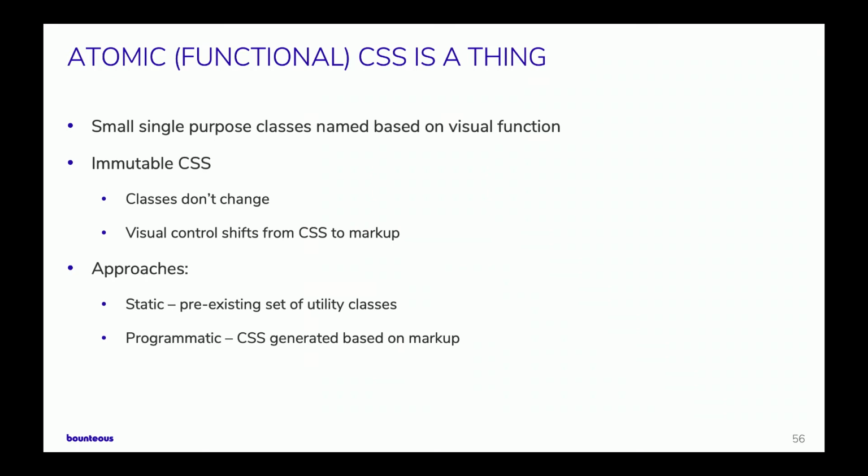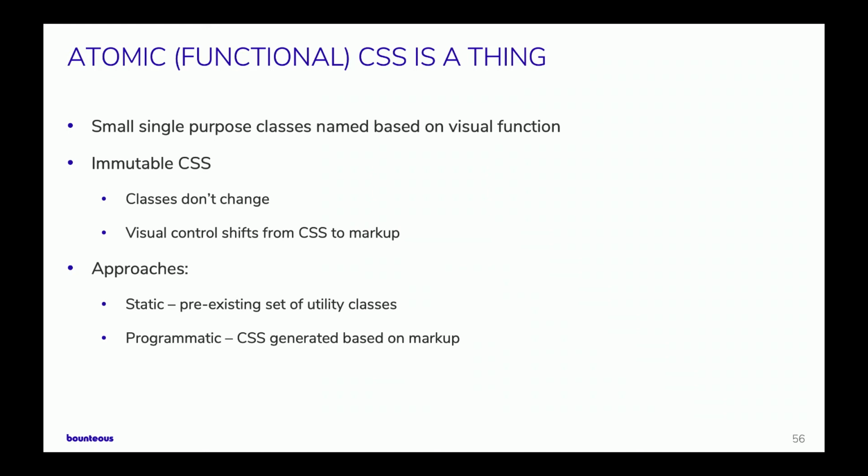But what you have here are small single-purpose classes that have a particular function. So their naming tells you what they're going to do. It could be a font size or a margin size or something. And they're immutable. They don't change. They always do one specific thing. And it really takes the control out of CSS and the styling control into your markup.